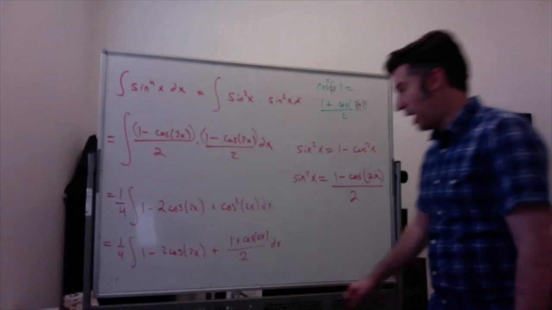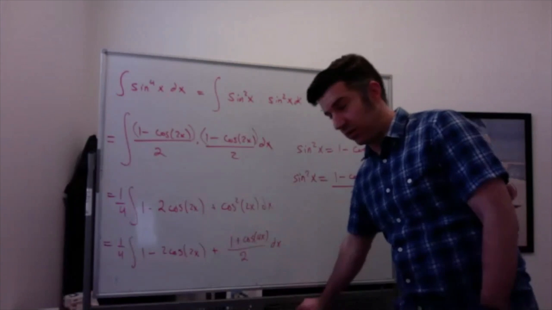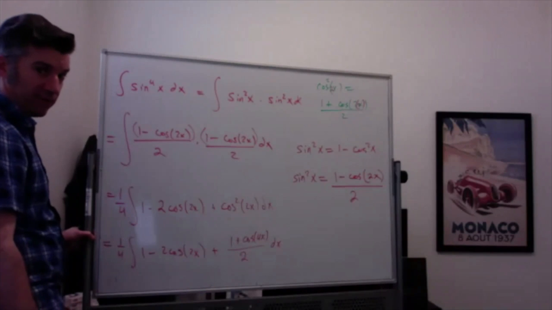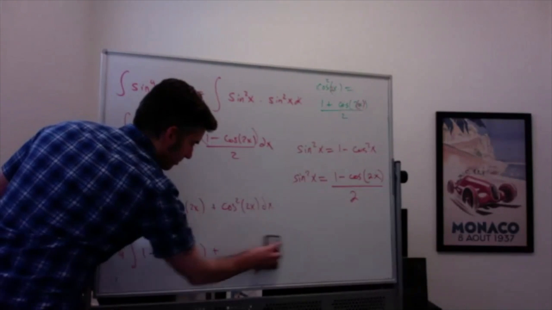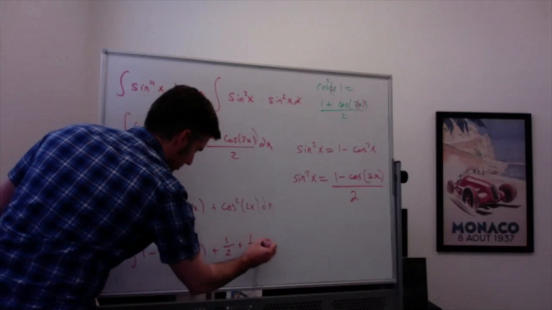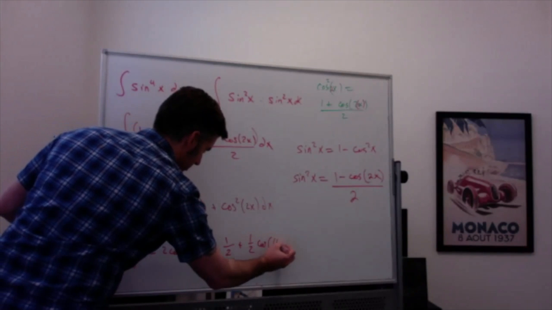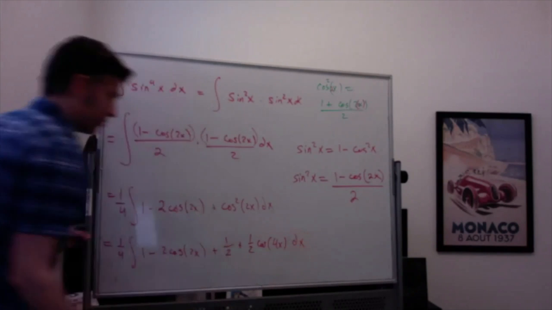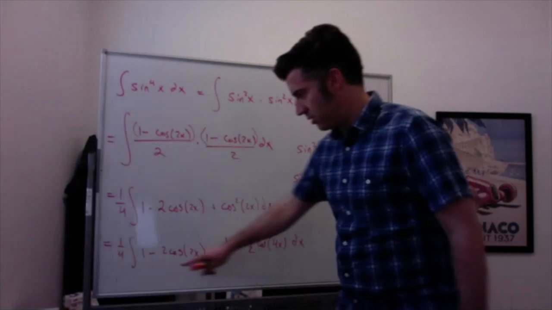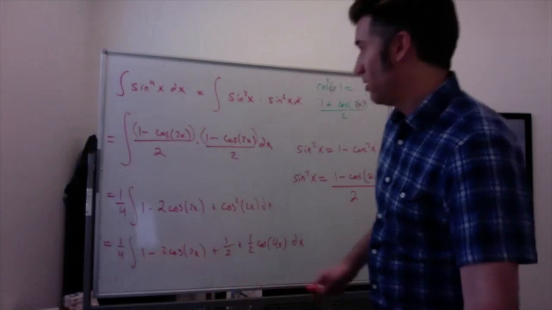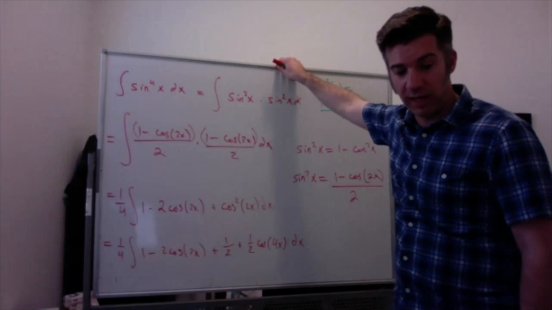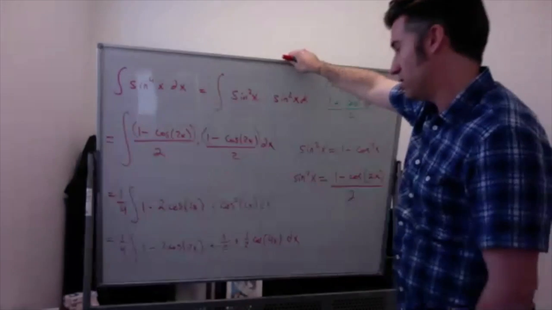I would much rather write this the following way, as 1/2 plus 1/2 cosine of 4x. And while we could put those together, we don't really need to. So let's integrate this. I should not erase this because we might want to look at it before we finish it, so let me write it on the other side.